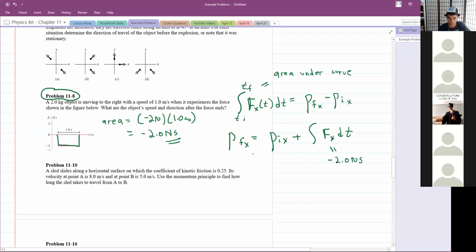My initial momentum was my mass, 2 kilograms, times my initial velocity, 1 meter per second, so 2 kilogram meters per second. My final momentum is 0, and so the object ends up coming to rest. And you know what? I don't like this problem because the object comes to rest. Let me do this exact same problem, but change the value of the force a bit.